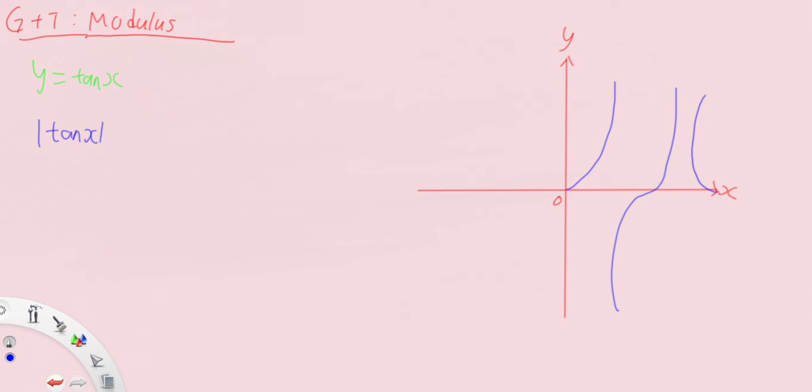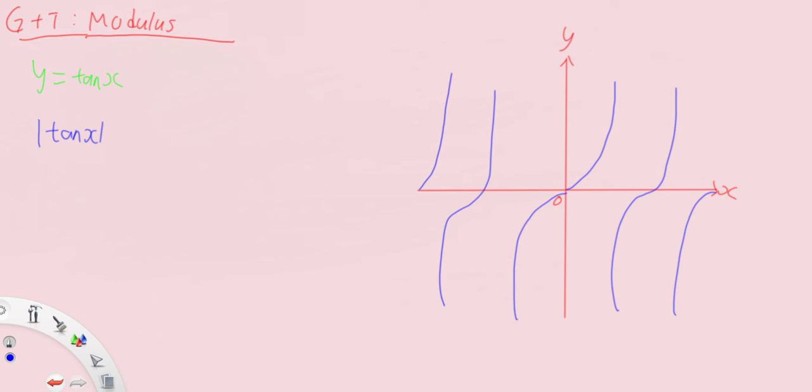But now let's say we instead have tangent mod x. We know that it's not exactly symmetrical anymore, because this is how your tangent x graph would look. It's not symmetrical about the y-axis. It has rotational symmetry, but it's not symmetrical about the y-axis.